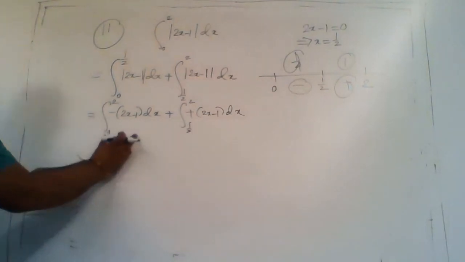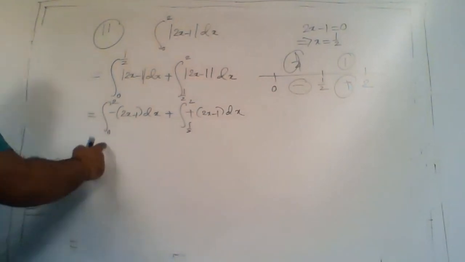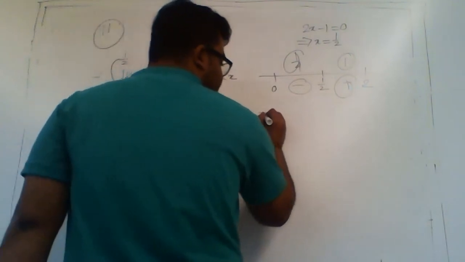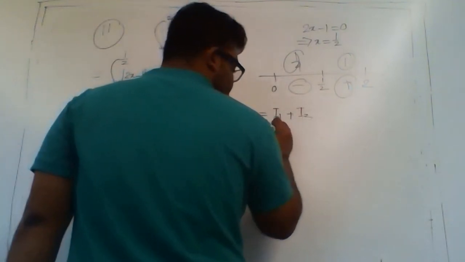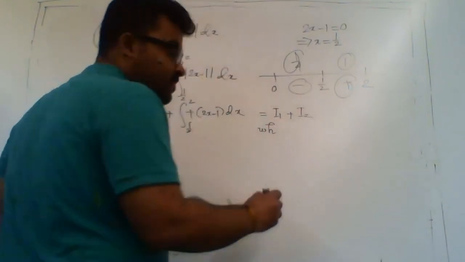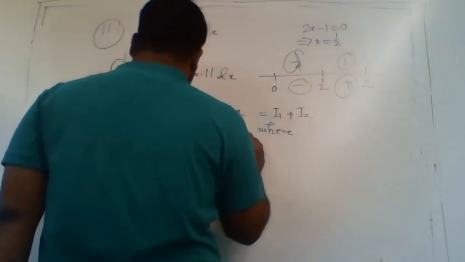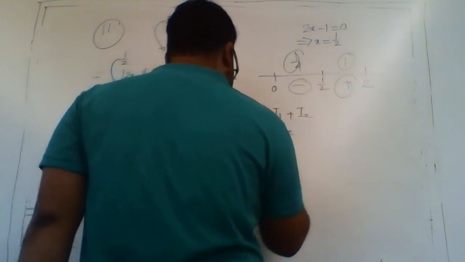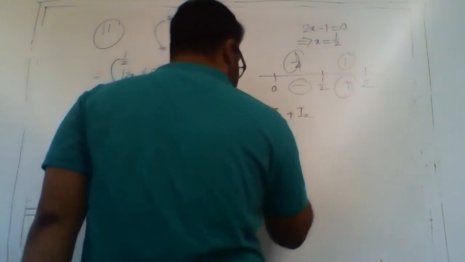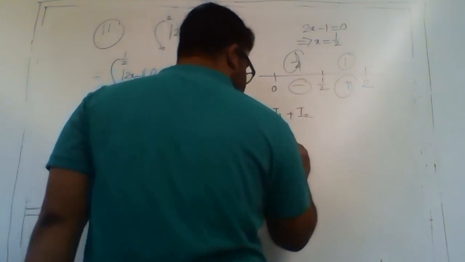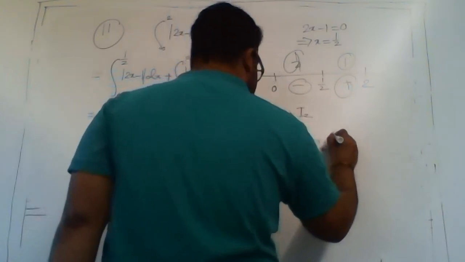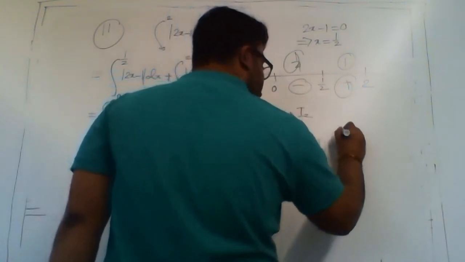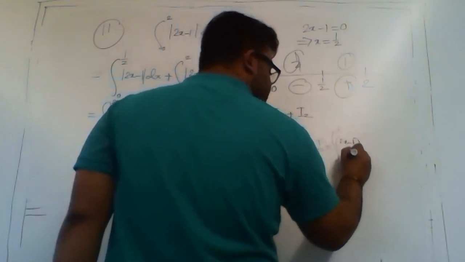So in order to evaluate this nicely, let's write it as I1 plus I2, where I1 is the first integral from 0 to half of minus (2x minus 1) dx, and I2 is the integral from half to 2 of (2x minus 1) dx.